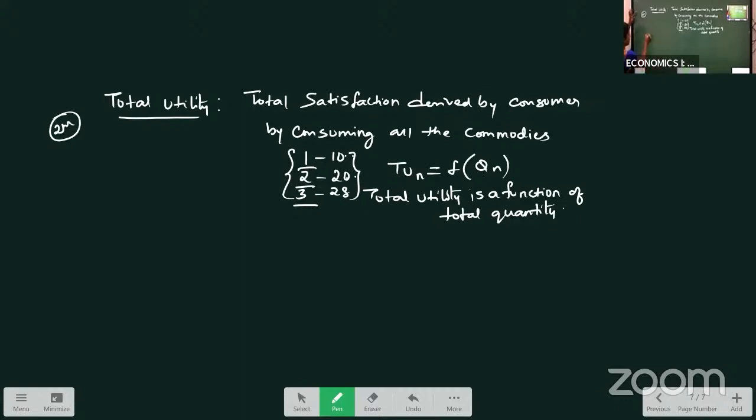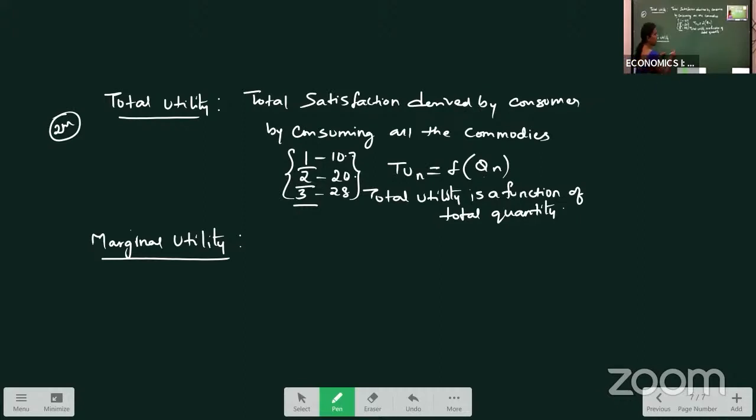Now, the second concept we will discuss, that is marginal utility. Remember these concepts throughout your first year economics. You will come across the word marginal, marginal, marginal. Marginal means what? Additional, extra.